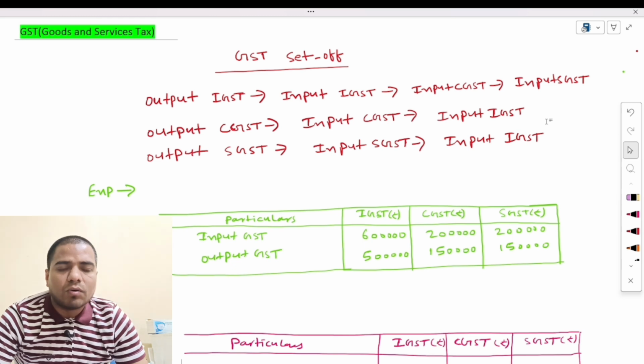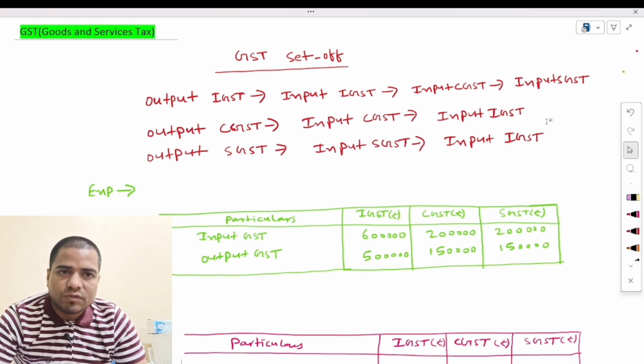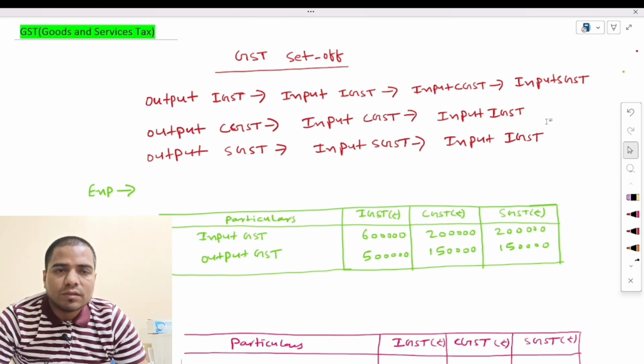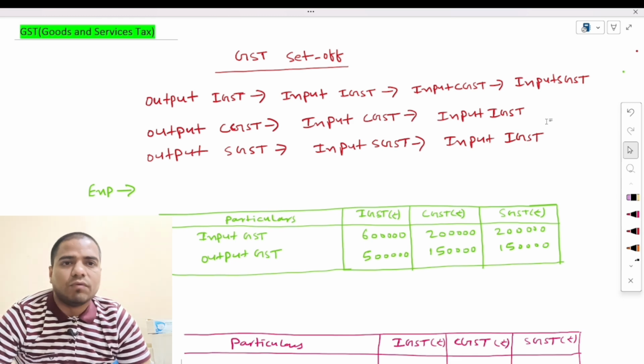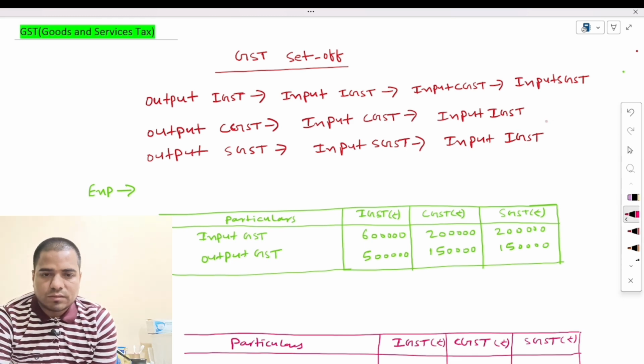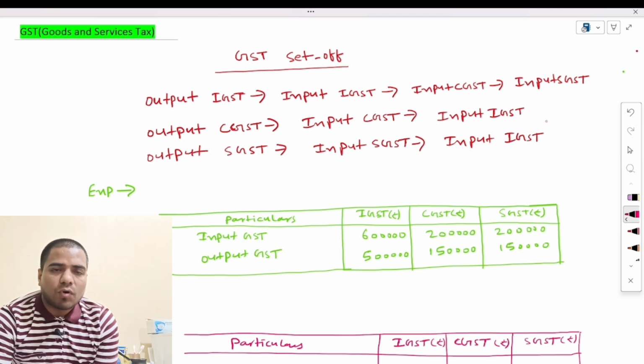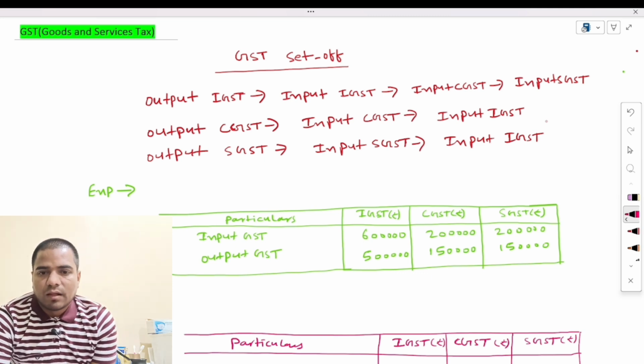If it is receivable, you will receive this amount from the government, and if it is payable, then you will pay this amount to the government. With the help of this formula or procedure, we will set off the GST.